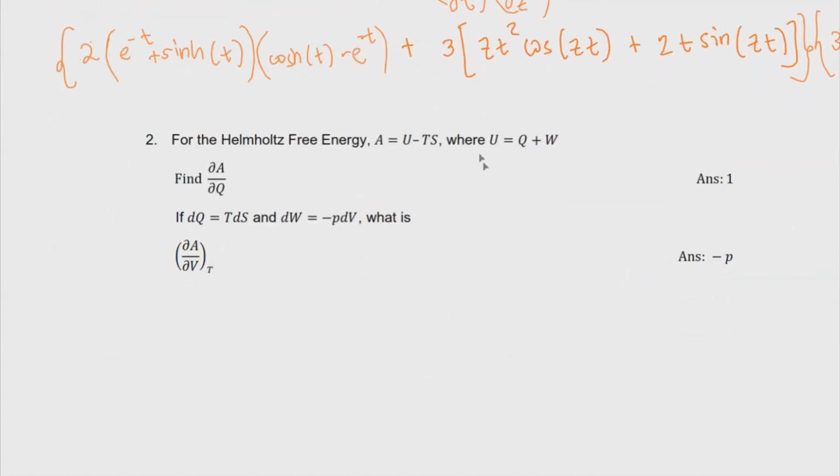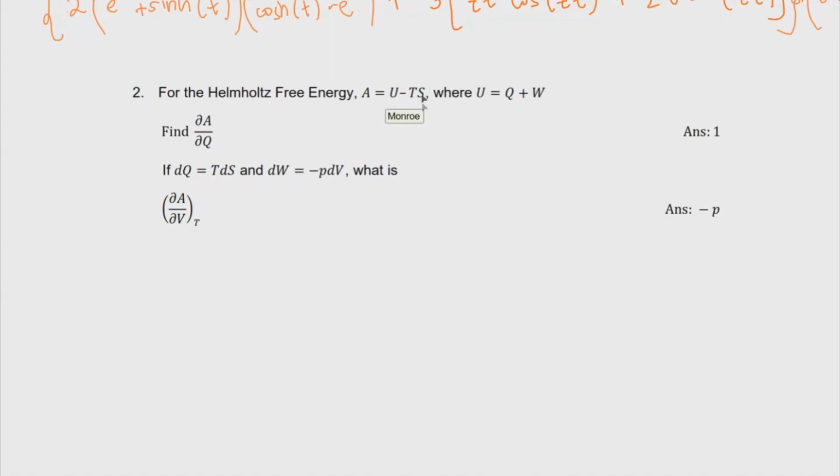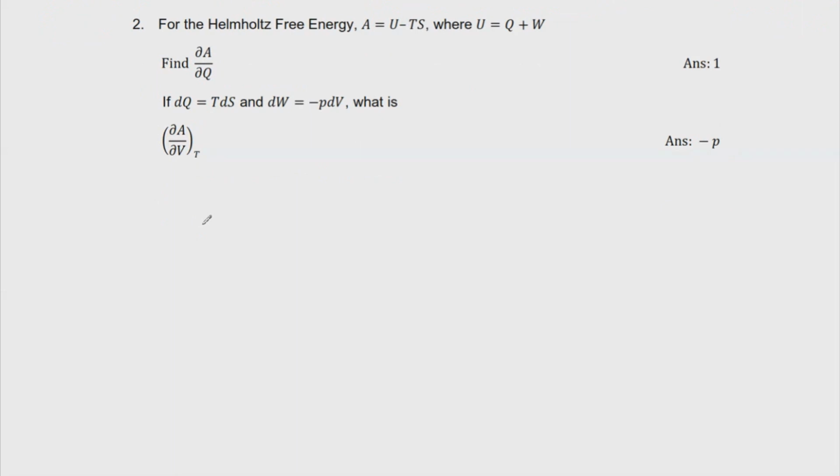This is the general expression, that A is equal to U minus TS, where U is equal to Q plus W. We need to find the expression of the partial derivative of A with respect to Q. So if we want to do that using the chain rule of partial differentiation, we know that A is dependent on U, T, and of course S, wherein U is dependent on Q and then W. So from this expression, we can trace the line.